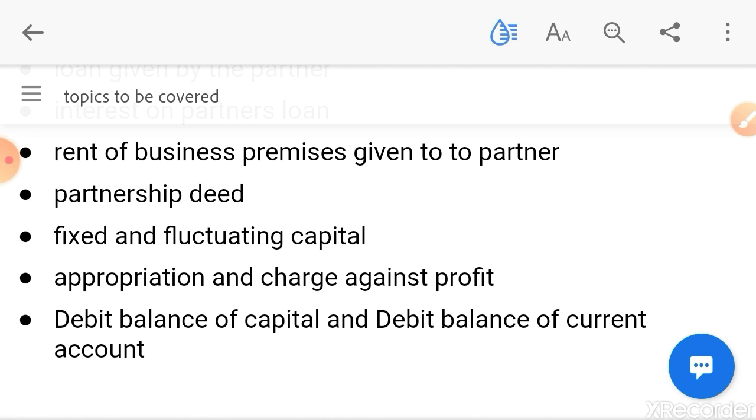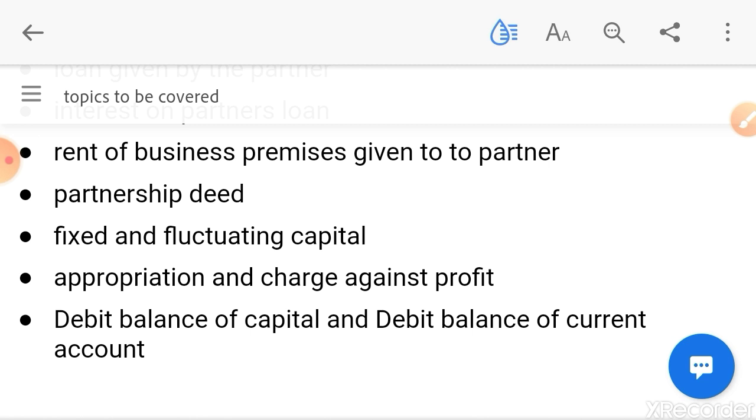That is known as debit balance of capital. In the same way, for the debit balance of current account, when in day-to-day transactions the amount withdrawn by the partner exceeds its credit balance, it is the debit balance of current account. It will also be shown on the asset side of the balance sheet.